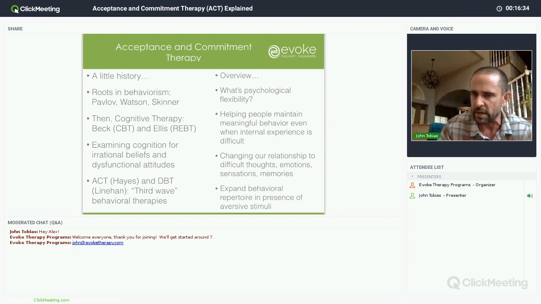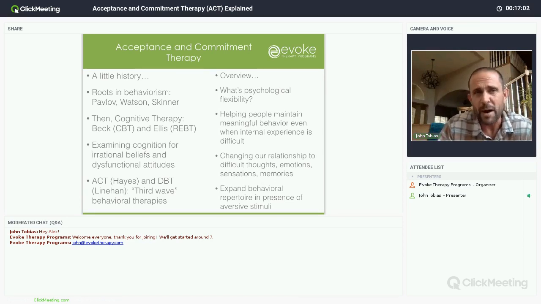So kind of making the link between thoughts and feelings. So examining cognition for irrational beliefs, dysfunctional attitudes, and CBT is still probably the most widely recognized effective treatment for so many of our psychological difficulties. It's shown effectiveness with depression, anxiety, a very long list.